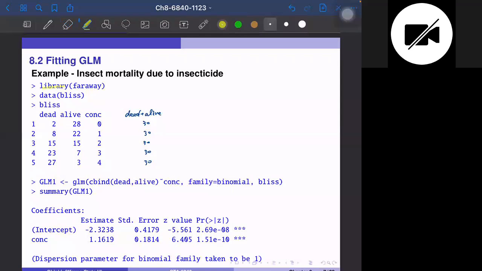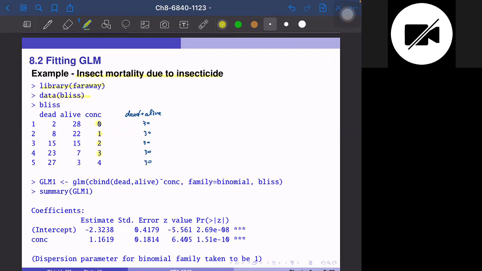Okay, so we use the faraway library and the dataset BLISS. BLISS is insect mortality due to insecticide. So this is basically binomial data, but summarized.